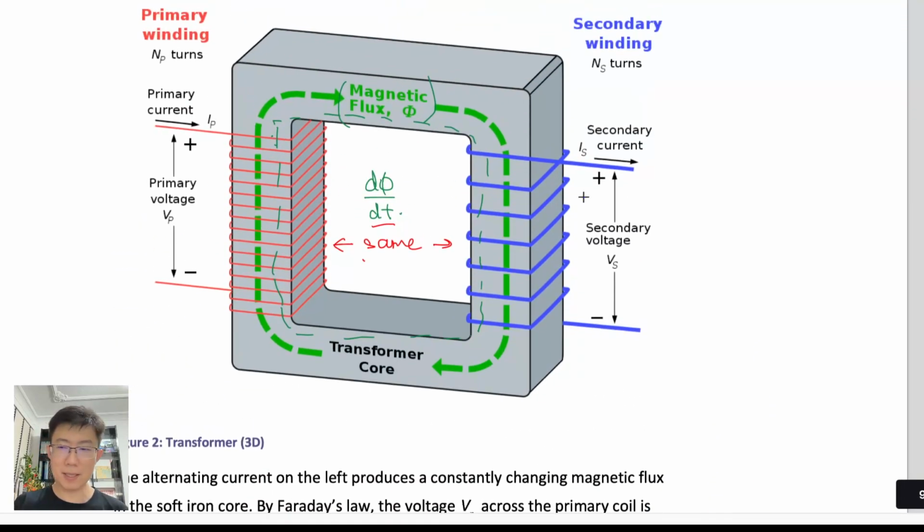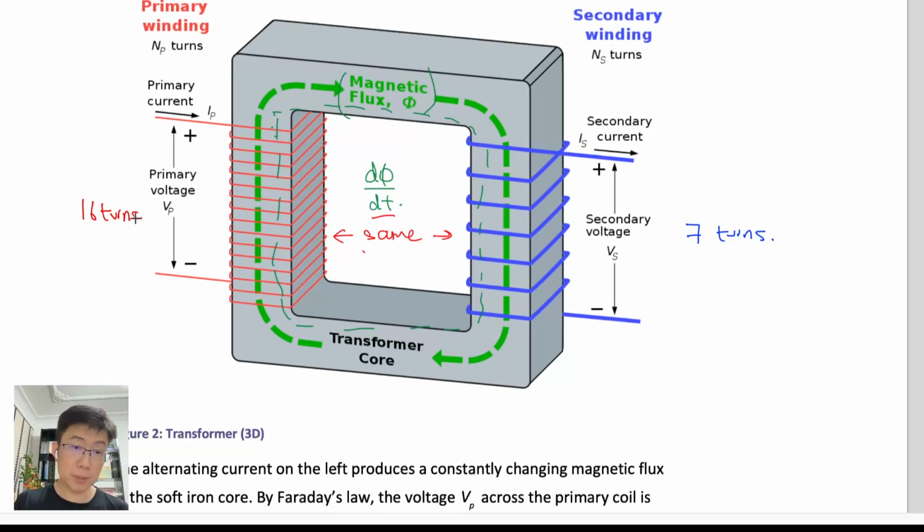So let's say I turn this into a numerical example. Suppose you were to count on the primary coil side. I think there are about 16. If I can count, I think it's 16. Okay, so let's say there are 16 turns on the primary coil side, and then on the secondary coil there are 7.